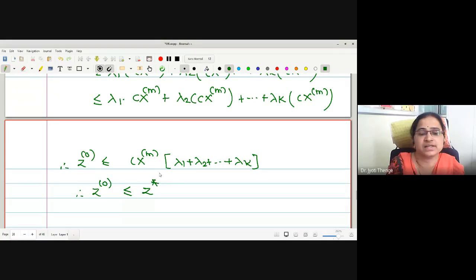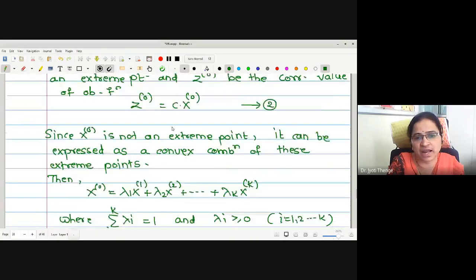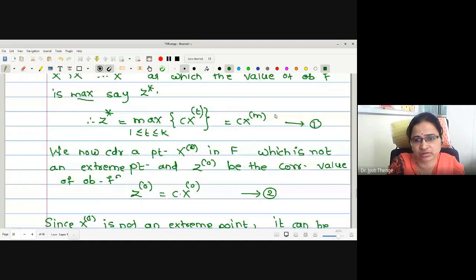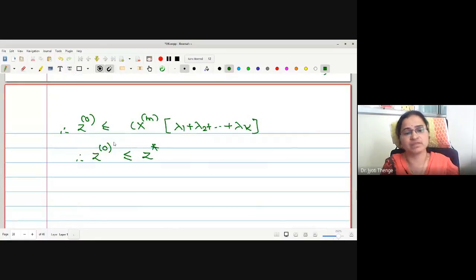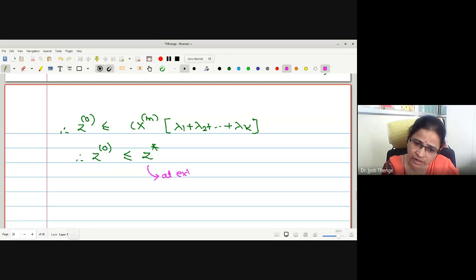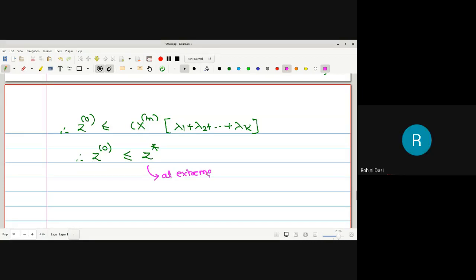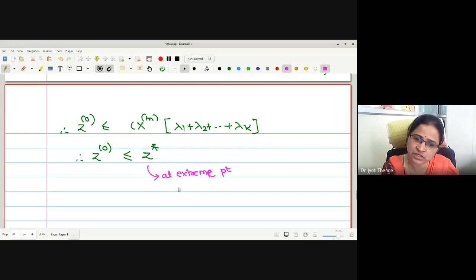This is Z star, the value of the objective function at the mth extreme point. Cxm is Z star. And what we have proved? The value Z star is greater than or equal to the value Z0. This is the value obtained at an extreme point.